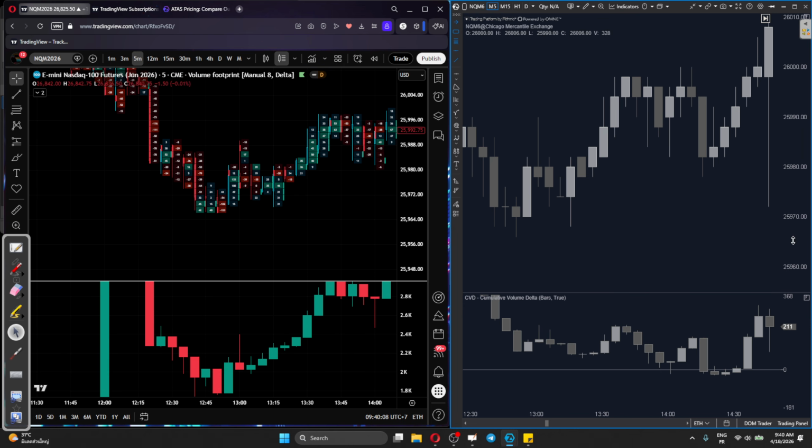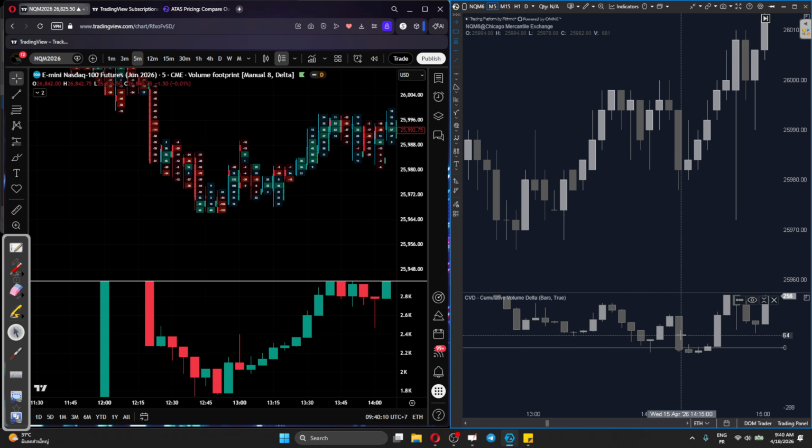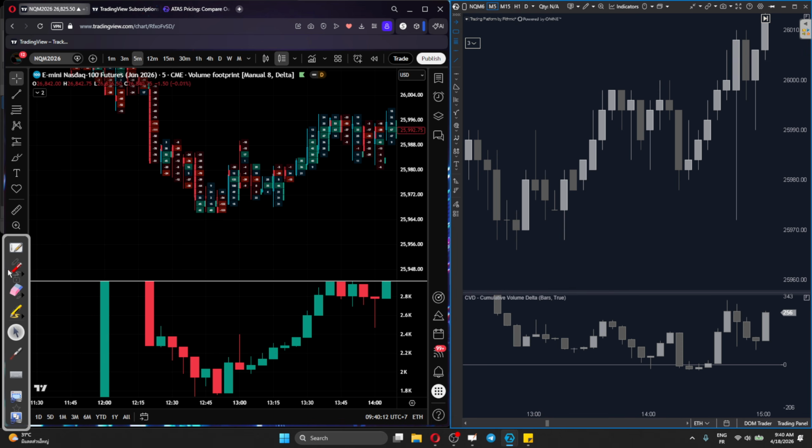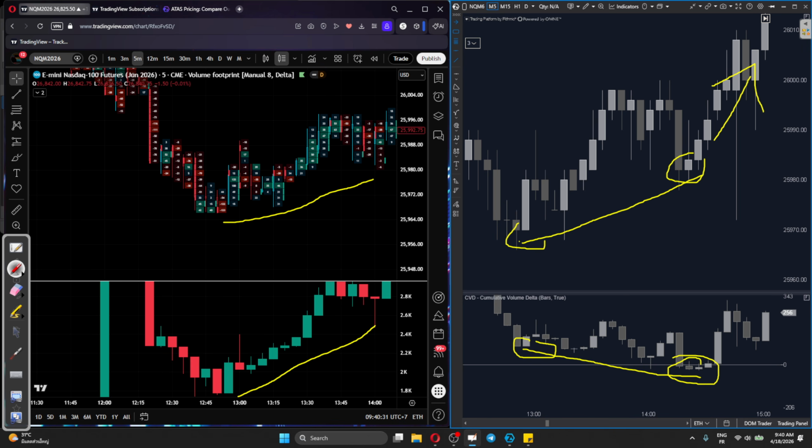Oh, this is where it's okay. This gave you a beautiful signal on ATAS. Look at this from this low to this low, right? And from this low to this low, we have a strong divergence here, and then we had this beautiful move to the upside. And here we didn't have a divergence. It went higher here and it went higher here.